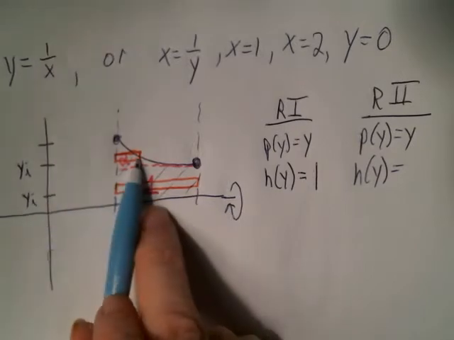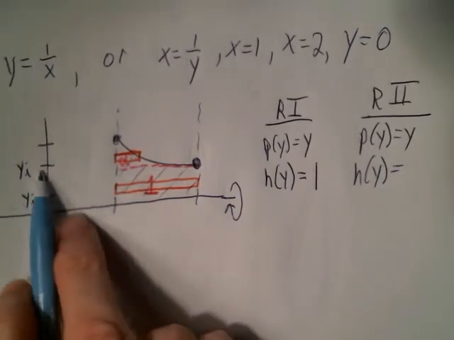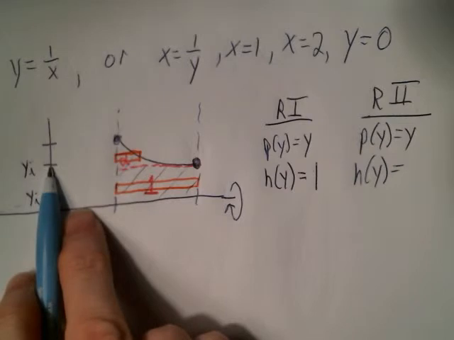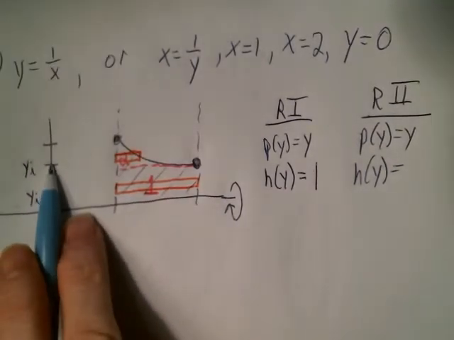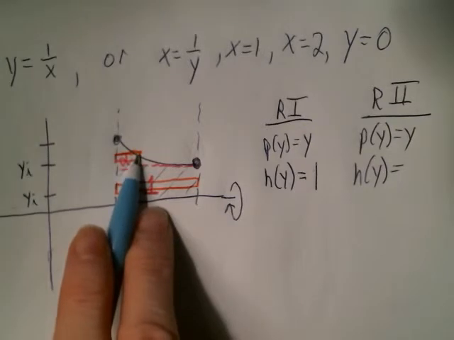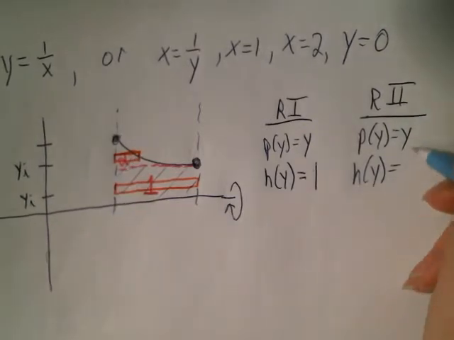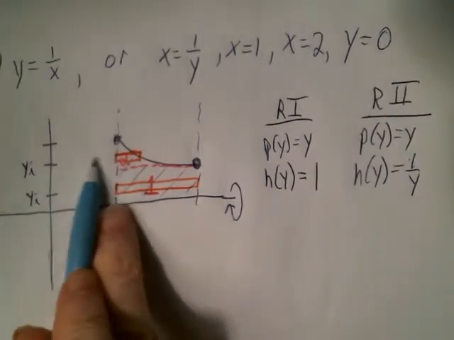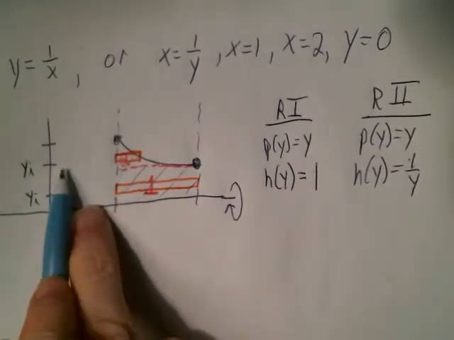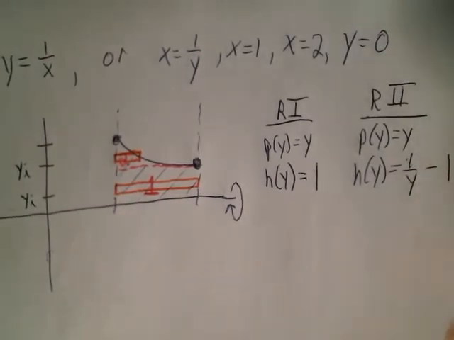So the distance to the curve is just 1 over y. For this particular y, if you plug into this equation, it'll tell you the distance from this point here to the top here. So it'll be 1 over y, but then you have to subtract away this big hole here. So then you're subtracting away 1.